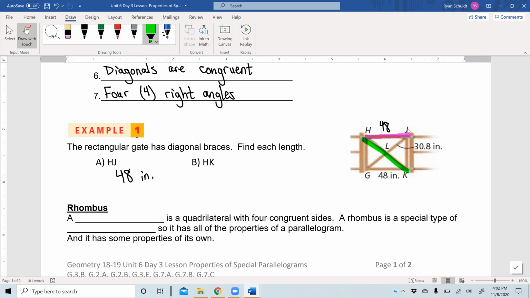Well, I know that JG is 30.8. Actually, take that back. JG is not. JL is 30.8. What would JG have to be then? Well, this one's also down here 30.8.